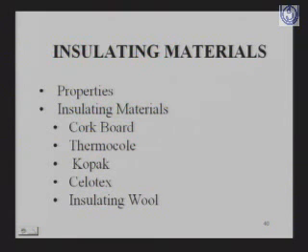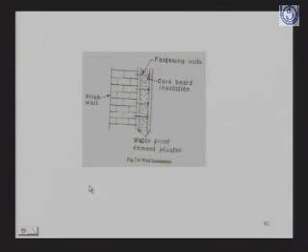Normally we use insulating material. It is important to see their properties. Normally the insulating materials used are cork, thermocol, copac, then insulating wool. These are the common insulating materials. This diagram shows how the wall insulation is done.